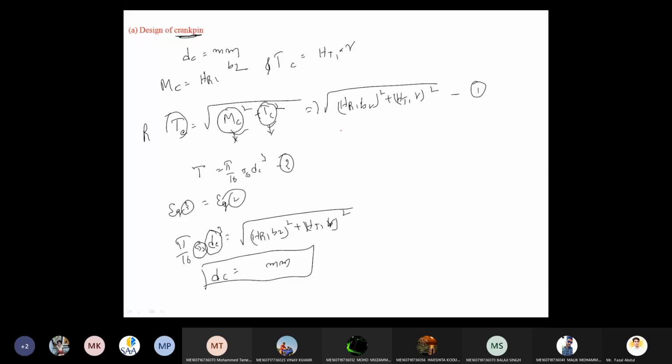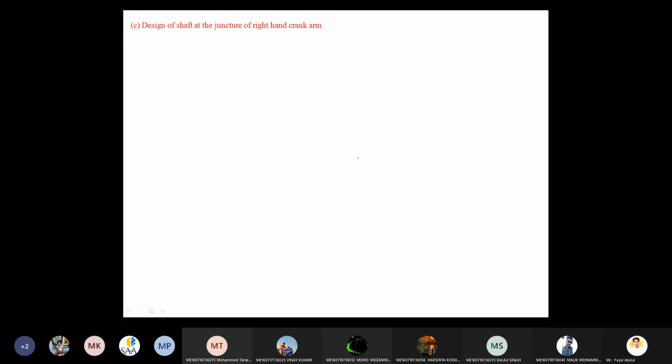See, now here, first one, bending moment, because the crank pin at the juncture is subjected to the bending moment. So what is the bending moment here?